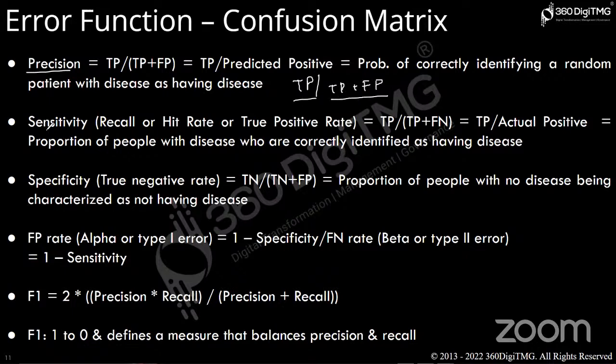Similarly, we have sensitivity. It tells us, out of all the actual values, how many were truly predicted? So it is true positive divided by true positive plus false negative, where false negatives are the actual cases that were there, but the predictions were given as false.